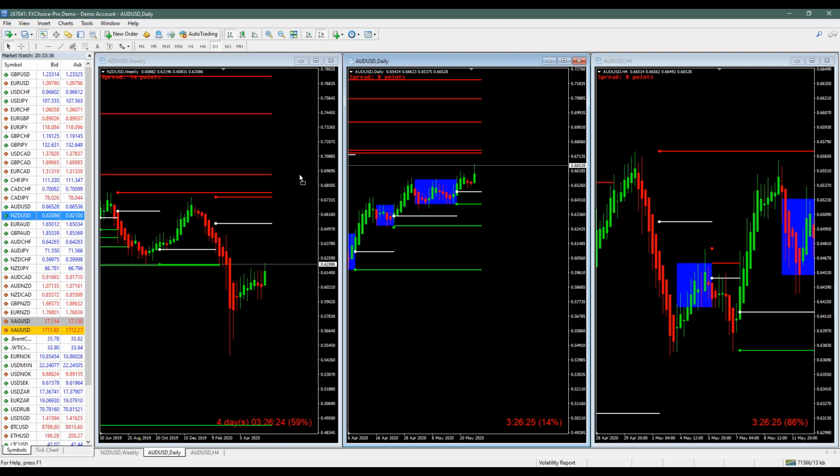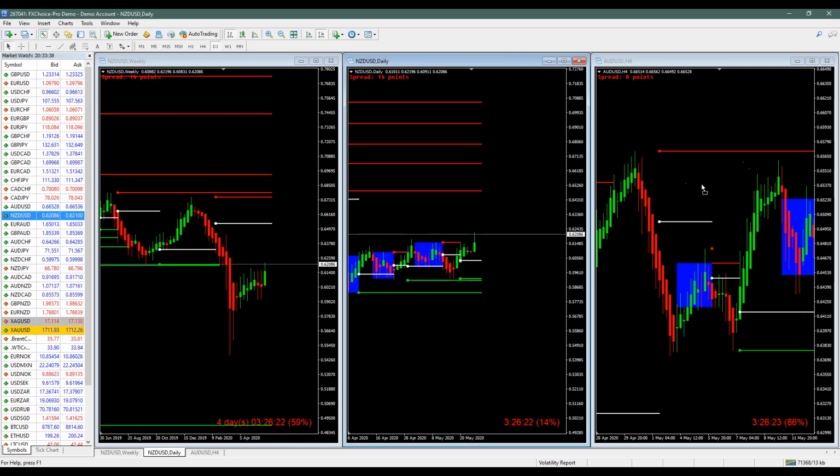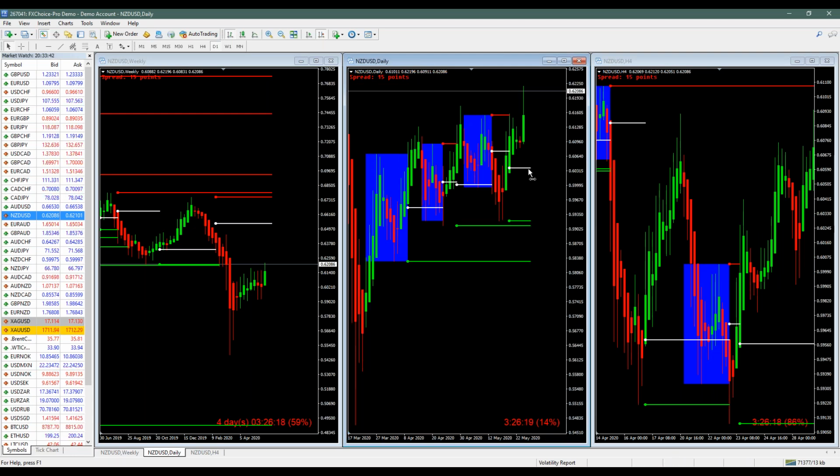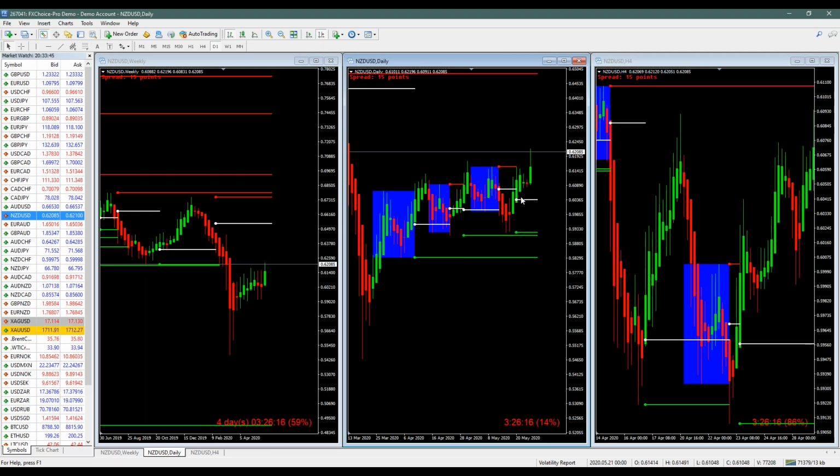Let's move on to New Zealand dollar. This one's starting to get a little bit of momentum, it looks like. I probably wouldn't feature this. We've had some nice reactions to the expansion lines, but it's box after box after box, and it's already a little bit too far gone for me.